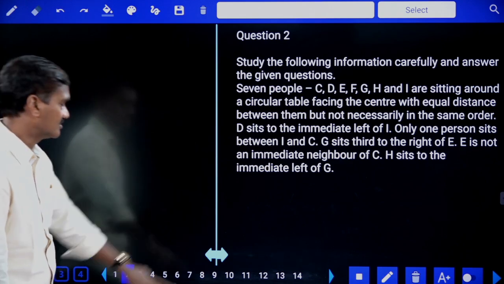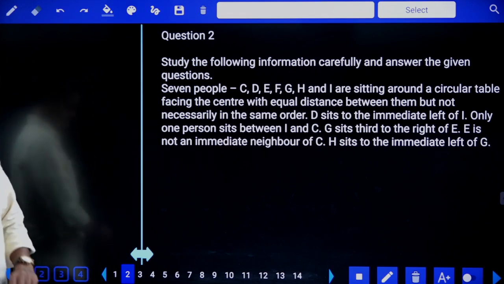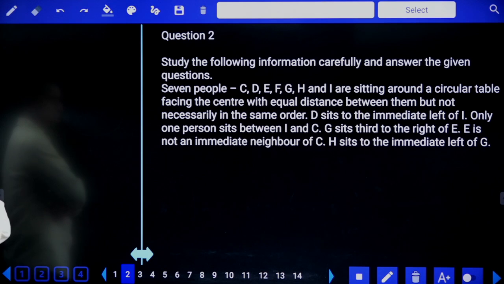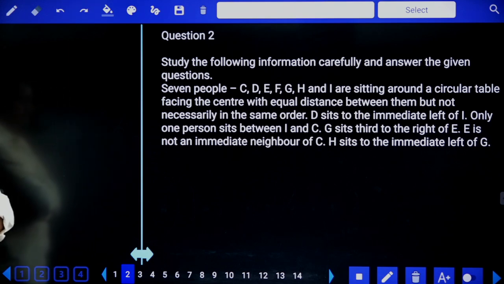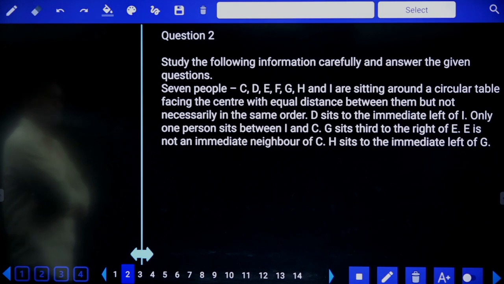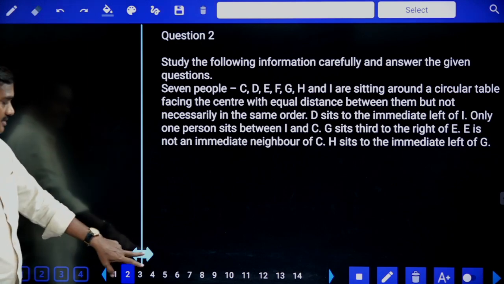Again 1 minute, start working on this. Yes, your time is up.